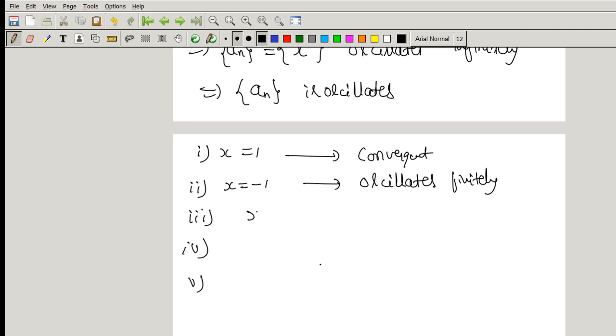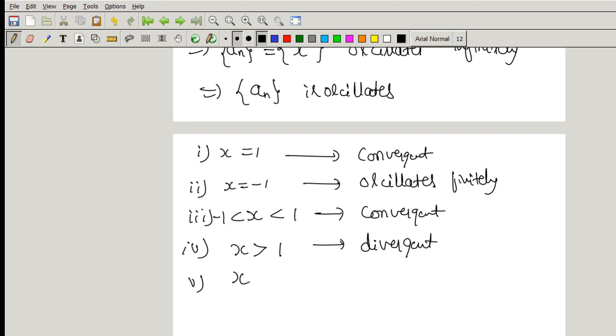In the third case, when x lies between minus 1 and 1, the sequence is convergent, and of course it converges to 0. When x is greater than 1, the sequence is divergent. When x is less than minus 1, the sequence oscillates infinitely.